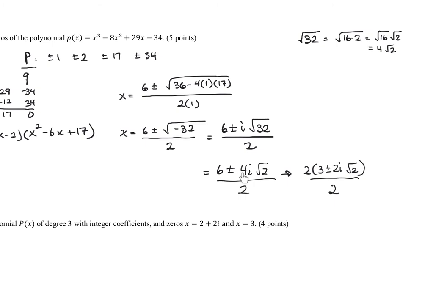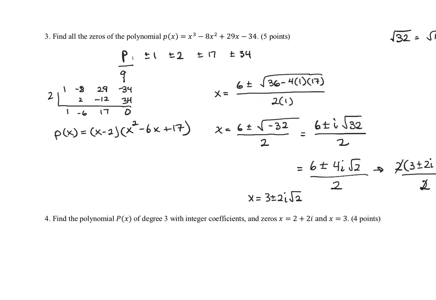Again, from the 6 and the 4, I factored out a 2, leaving the 3 plus or minus 2i. And the reason I did that is now I can factor out these two 2's and cancel them out. So the final version of that is 3 plus or minus 2i square root of 2.